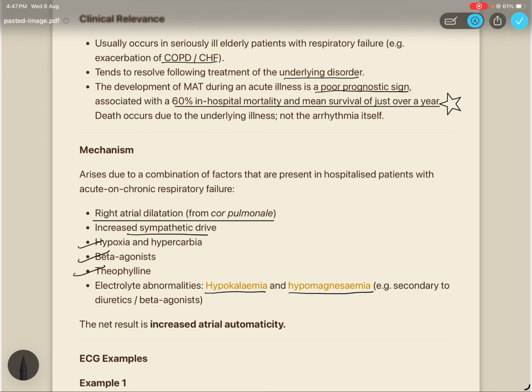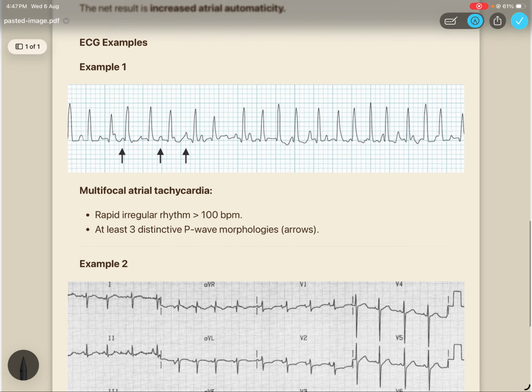Okay, ECG example. As we can see, the arrows pointing to the P waves show different morphology P waves with rapid irregular rhythm and three distinct P waves.